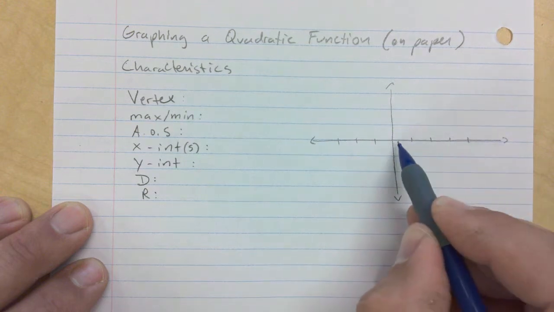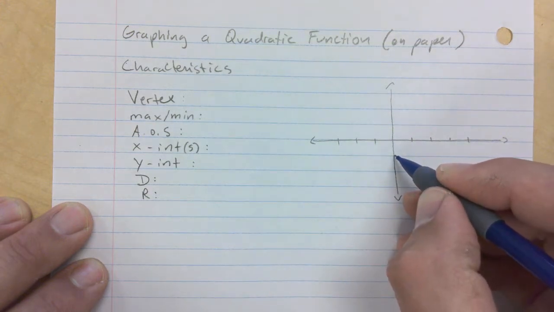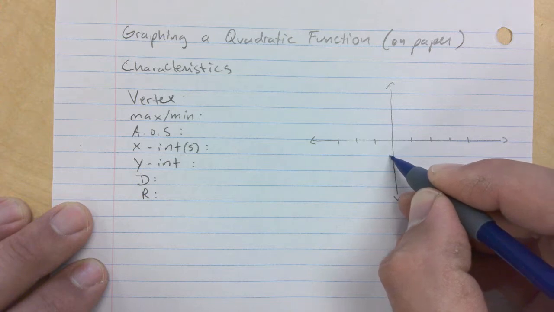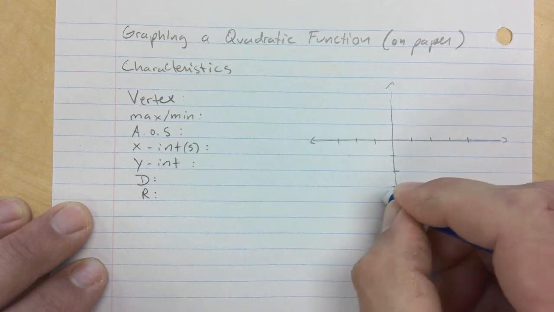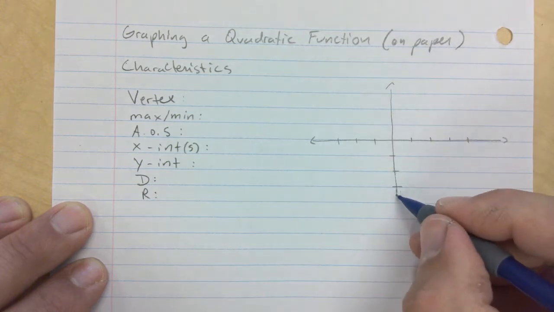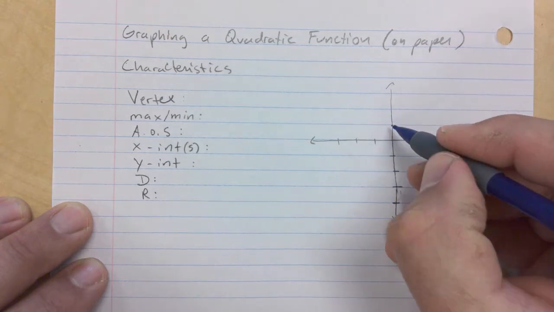So 4 units right, 3 left. We're going to go 4 units down. Just space them so that it fits. 4 units down, 4 units up.